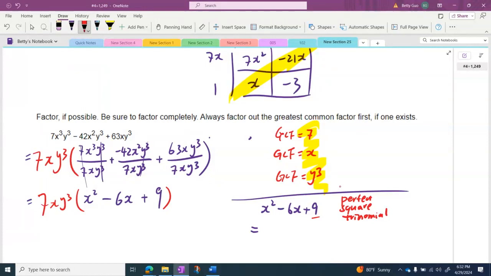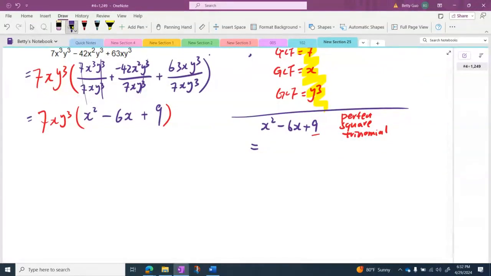That's a strong signal, right? The first term is x squared, the third term is 3 squared, and in the middle is negative twice the multiplication of the two bases, which happens to be negative 6x. So this is a perfect square trinomial.